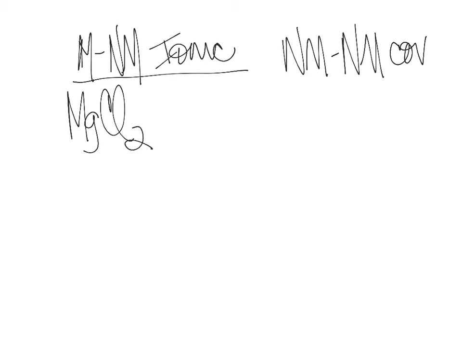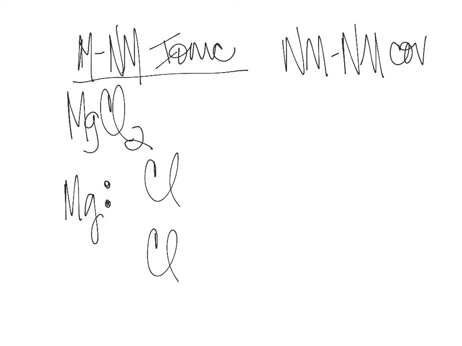The first thing you will do is draw the Lewis dot structures for both of them. Mg is in family 2, therefore it has 2 valence electrons. Chlorine is in family 7, so it has 7 valence electrons.